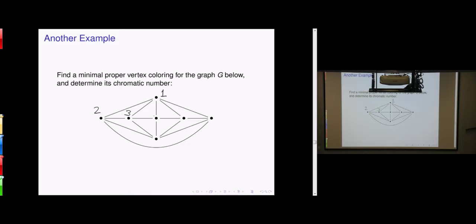How about this one? I can use 2 again, because I have to use something different from 1 and 3. How about this? I can use 3 again. How about this? This guy is connected to 1, connected to 3, also connected to 2. So I have to use 4.